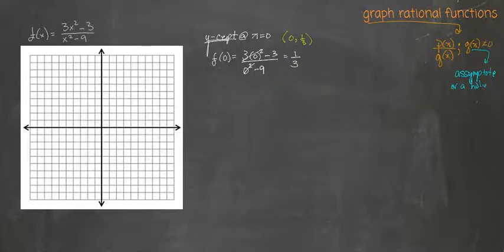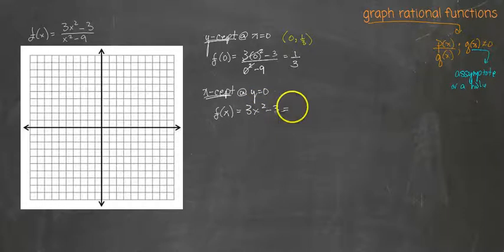Now let's look for the x-intercept. So the x-intercepts are wherever y equals 0. But notice, I can never let y equal 0 by letting the denominator equal 0. So those values are already eliminated. All I have to do is find out where the numerator equals 0. The numerator equals 0 wherever f of x equals 3x squared minus 3.